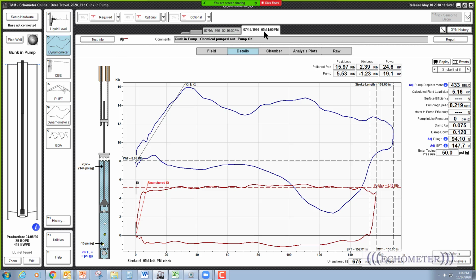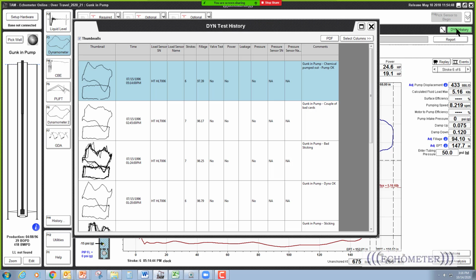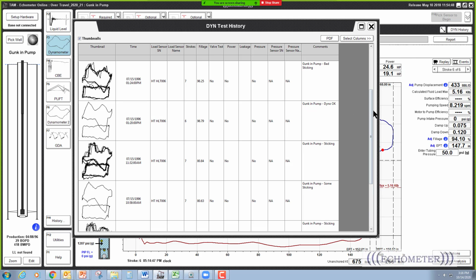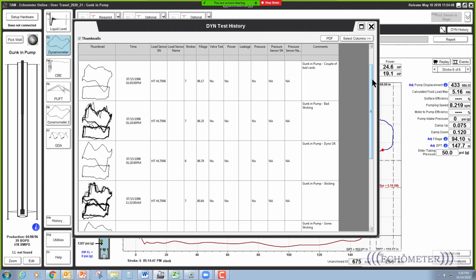Here's a test at 514. If we go back and look at the dynamometer history, there's quite a few examples. The first example in the morning didn't show any problem at all, and then at 5 in the afternoon, it didn't show any problems.